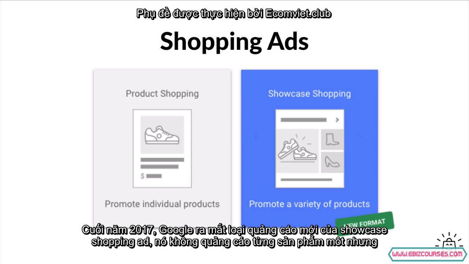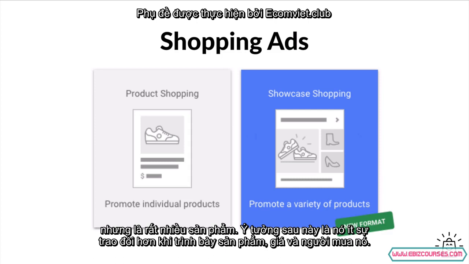In the end of 2017, Google Ads actually came up with a new type of ad, the showcase shopping ad, which doesn't really display a single product, but it displays a variety of products.